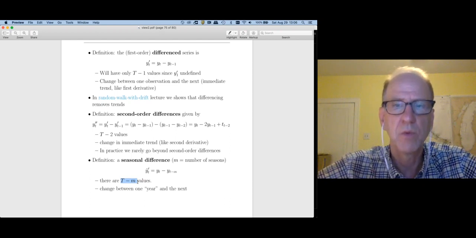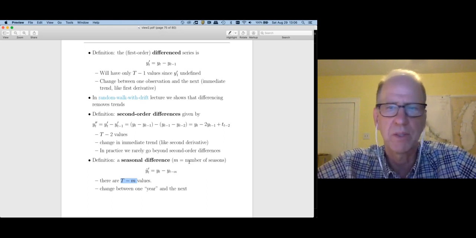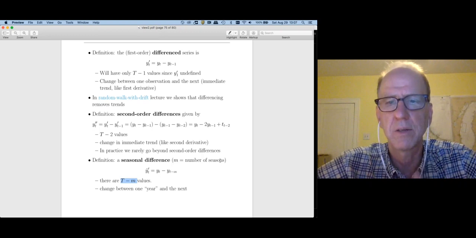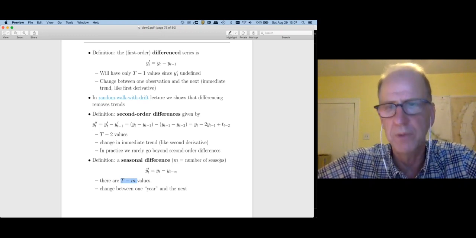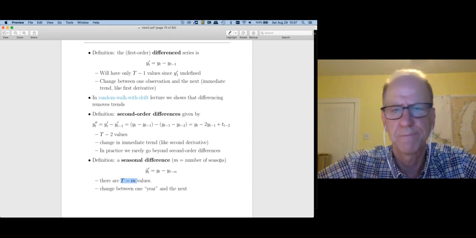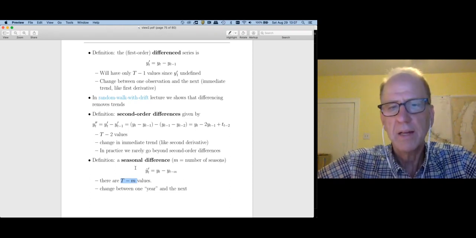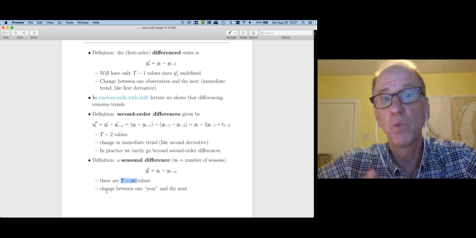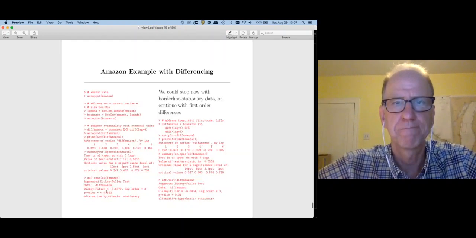If it's annual data, we would have 12 seasons, or 12 months. That's a better term for it. But in general, since it's the seasonality, we call them seasons, even if the unit is a month or a day or whatever. The interpretation of this difference is just the change between one year and the next.